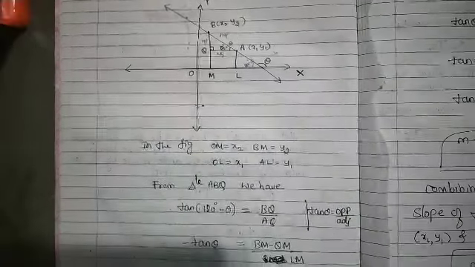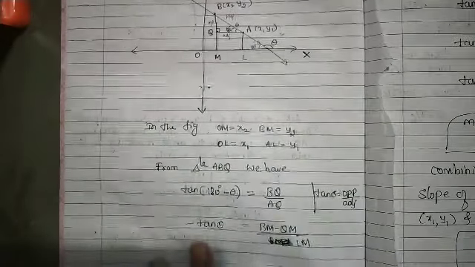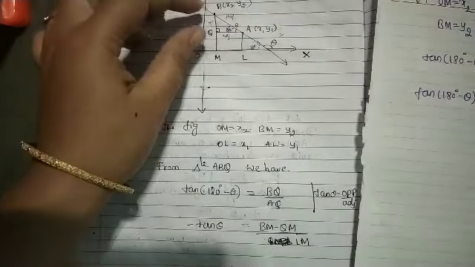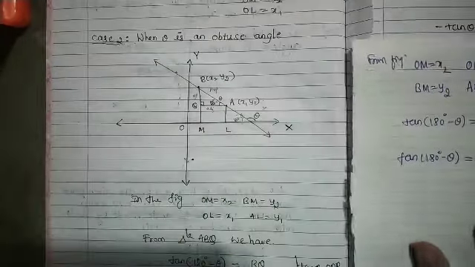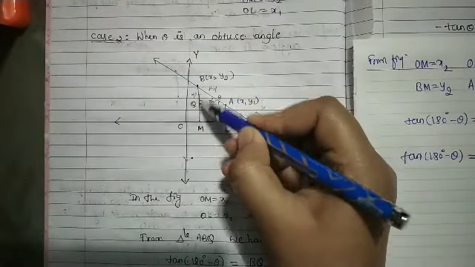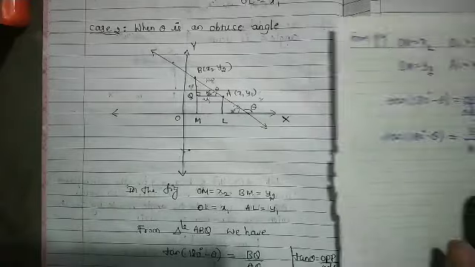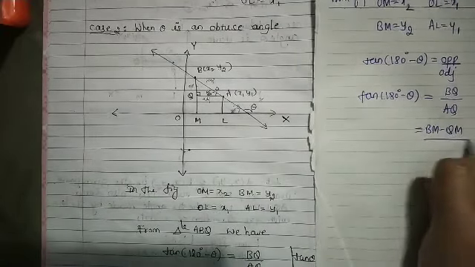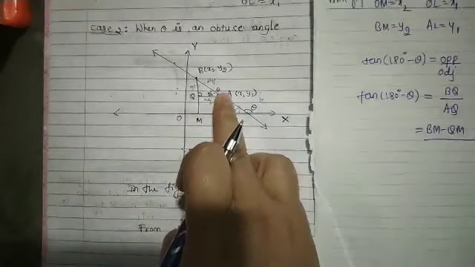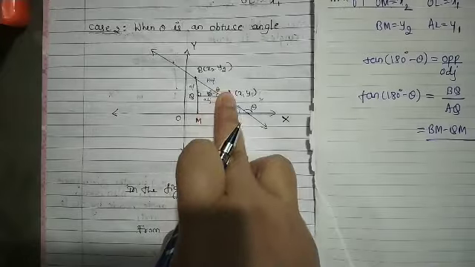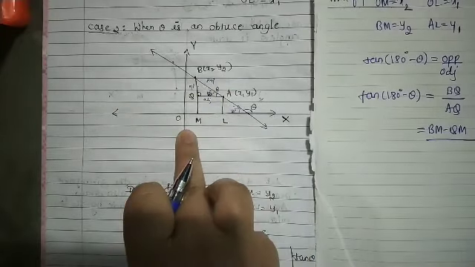So when it is an obtuse angle, BQ could be written as BM minus QM, divided by distance AQ, which is the same as distance LM.